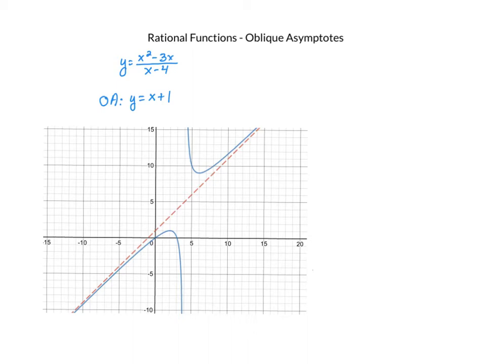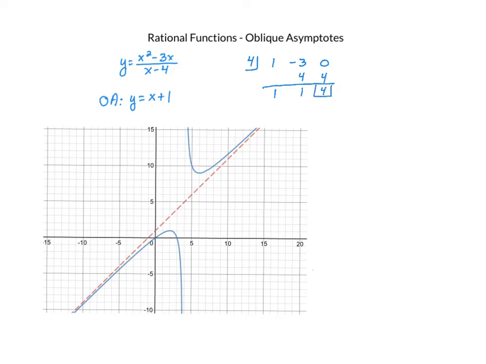And you can do this synthetically or with long division. I'm going to use synthetic division this time. So I will have 4 on the outside. That comes from my denominator. In the numerator, notice my coefficients are 1, -3, and 0. So I bring down my 1, I multiply and add, multiply and add.